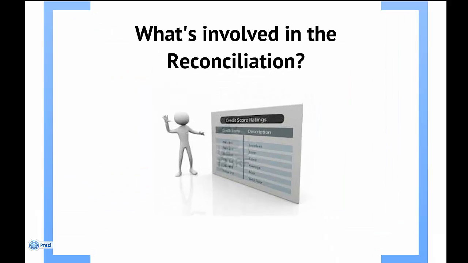What's involved in the reconciliation? At the end of the dragline operation, it's always a good idea to review and reconcile how the dragline performed compared to the actual plan. This will allow the dragline engineer to learn from the particular operation and improve on any future work.